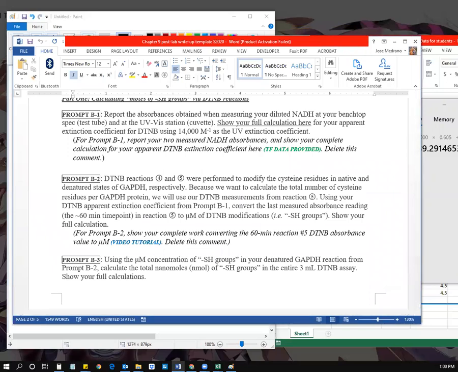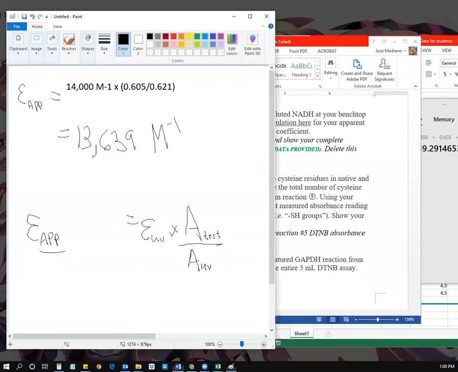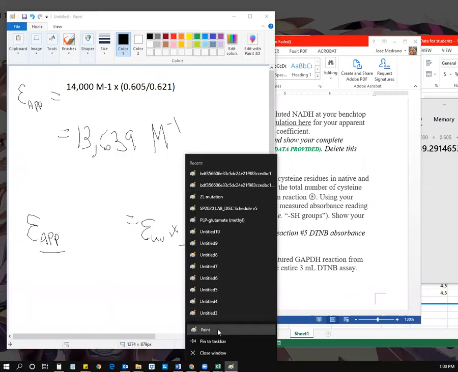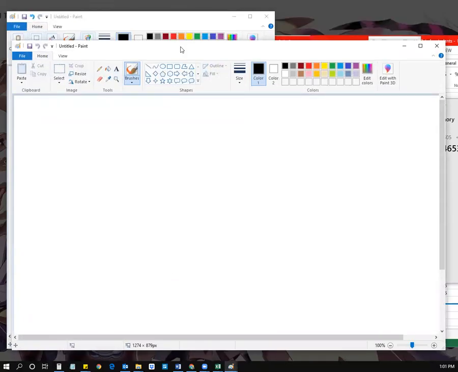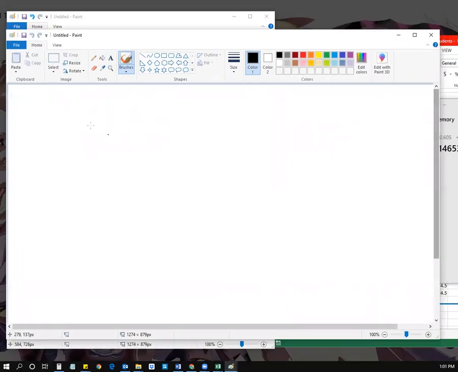All right, so the first thing that we need to do is set up Beer's law for this problem. So I'm going to create a new Microsoft Paint file here, just so I don't erase any of my previous work. Beer's law tells us that the absorbance for any given sample is going to be equal to its concentration times its path length times the extinction coefficient for that.